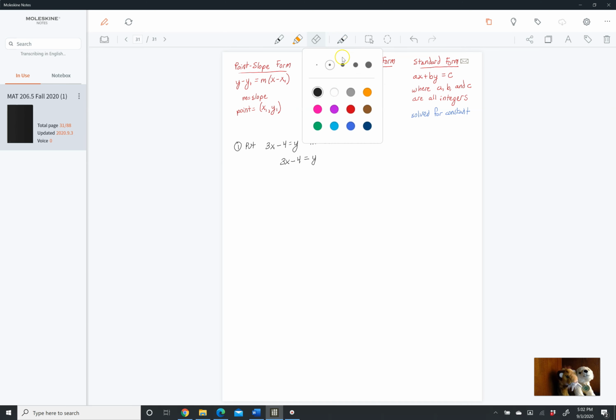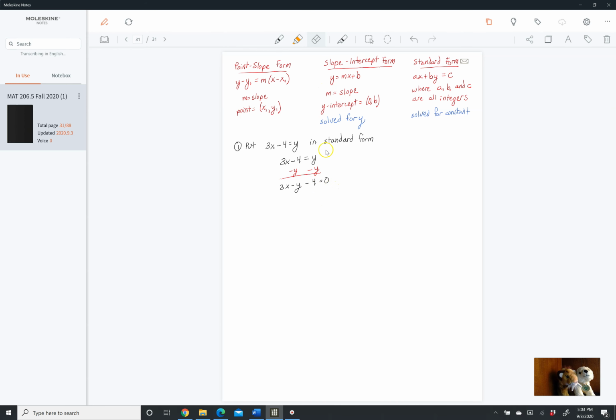So the first thing that we're going to do is we are going to subtract y from both sides. That's going to get the y over to the correct side. Okay, so now what that gives us is 3x minus y minus 4 is equal to 0, right? Because y minus y is 0.